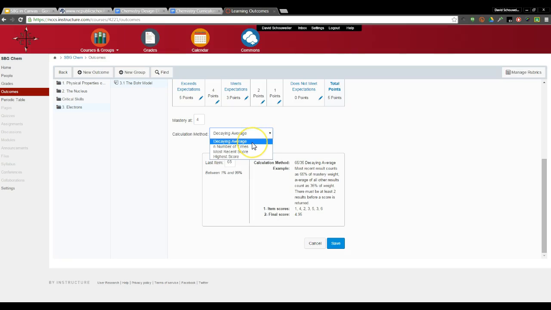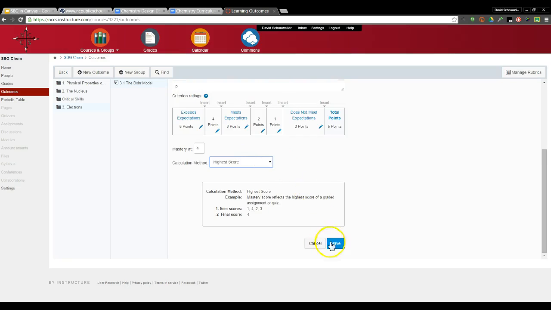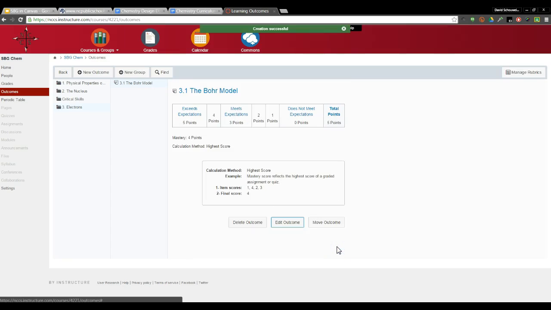So you can take an average or a decaying average where the most recent demonstration of mastery weighs heavier than the rest, but all demonstrations are recorded, and number of times, most recent score, and the highest score. I usually do the highest score, but it's really up to you what you would have for your students. So I'm going to go ahead and save this new outcome and say mastery is here at 4 points.